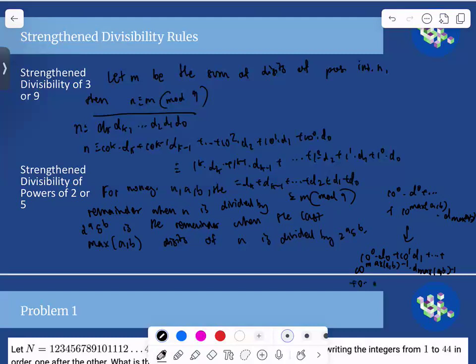So you'll get 0 times d_max(A, B) plus 0 and so on, mod 2 to the A times 5 to the B.